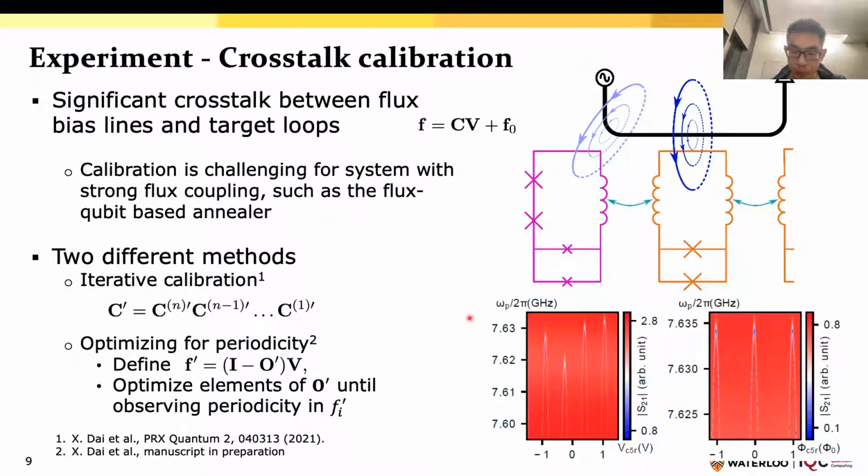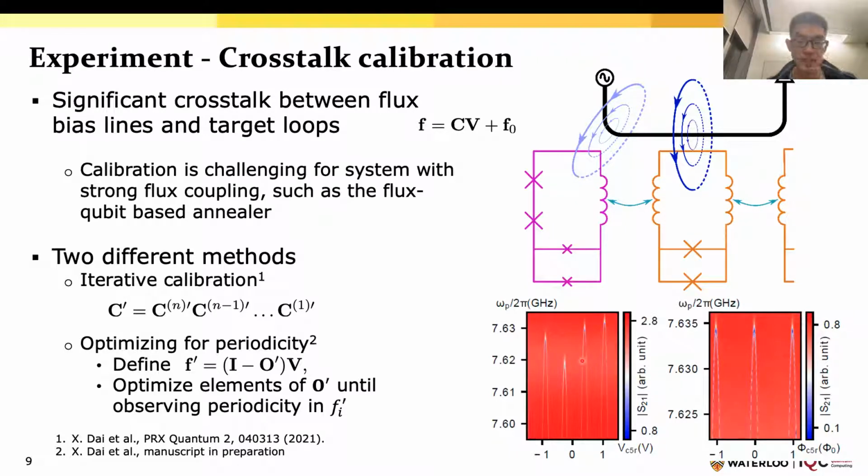During the program, we developed two different methods to calibrate these flux crosstalks. The first one is iterative calibration, where the idea is that when we do calibration in the first round and try to sweep the control voltages, we found that the system does not respond in a periodic pattern. But nevertheless, we can assume it is nearly periodic and extract the corresponding crosstalk matrices.